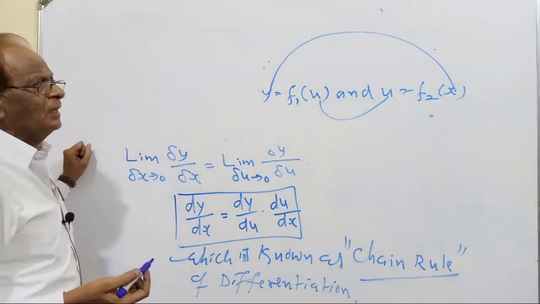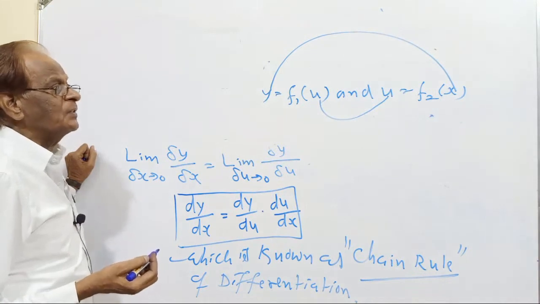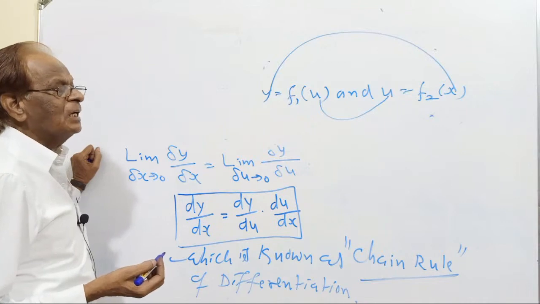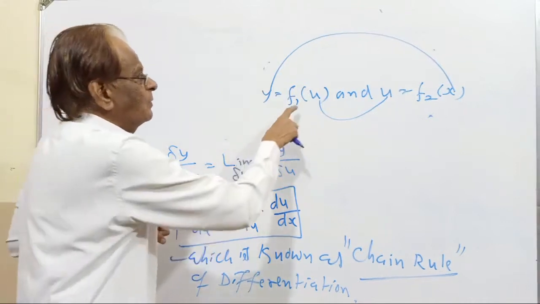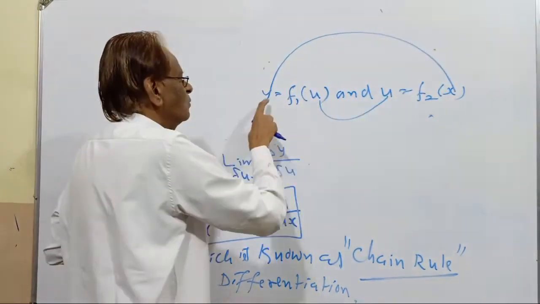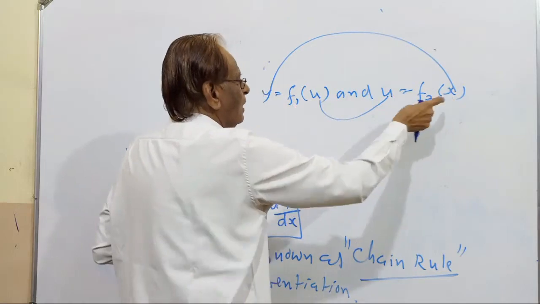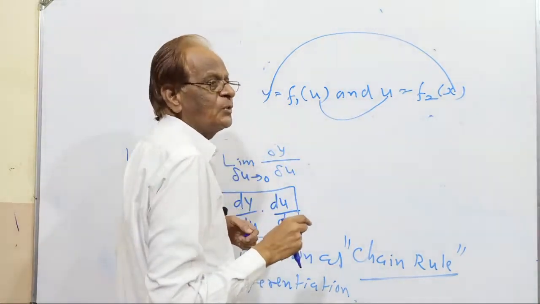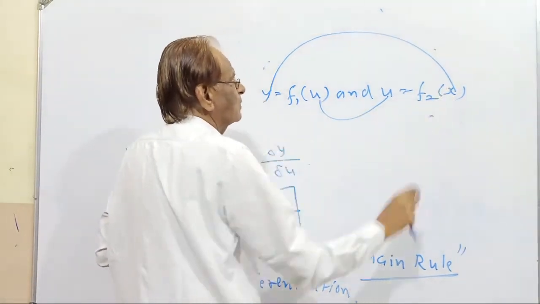Here, y is not directly in x. Y is indirectly in terms of x. To connect y and x, we are using another letter u. This is the first function, second function. So y is called a function of a function of x. A function of a function is called a composite function. So we can read y is a composite function of x.